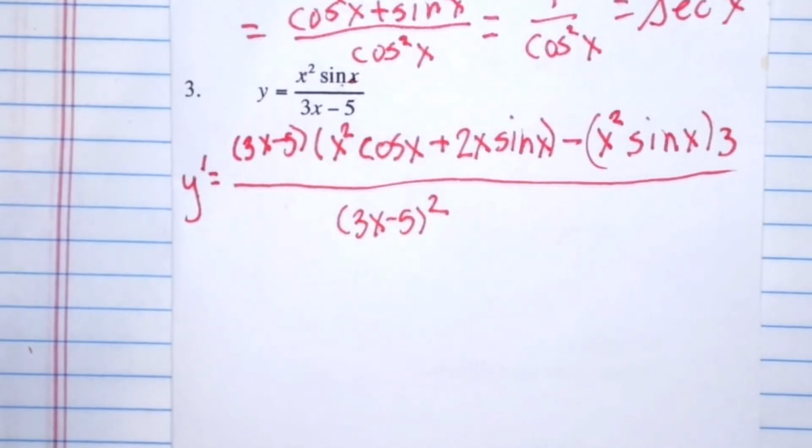That's a rather messy affair. I don't believe that it will simplify any. I don't think we can get any cancellation, so I'm going to leave it just as it is.